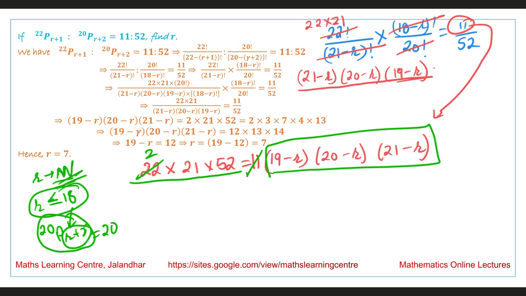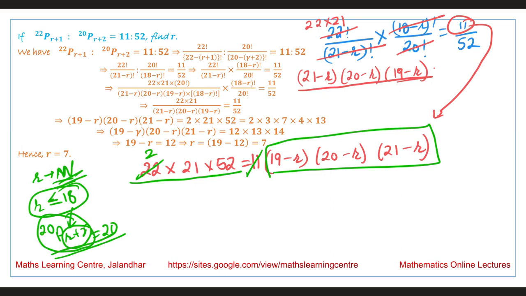If we substitute any value of r greater than 18, it will not satisfy this condition. Then it is not possible to calculate 20P21 because we cannot choose 21 objects out of 20 objects.